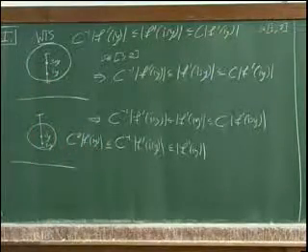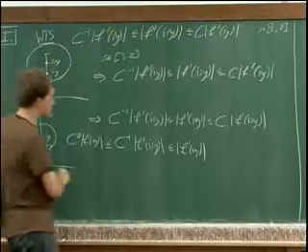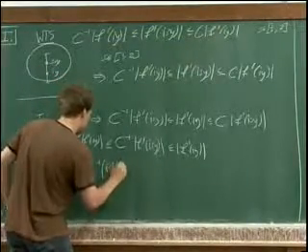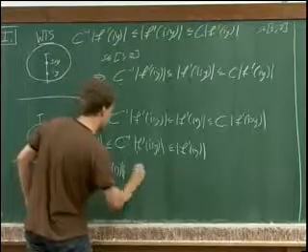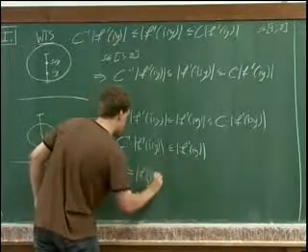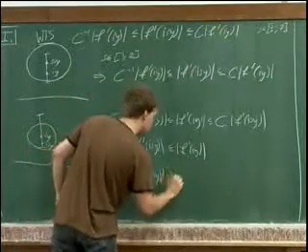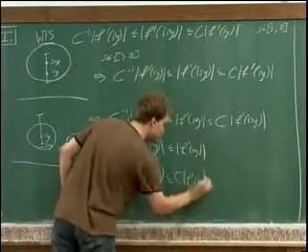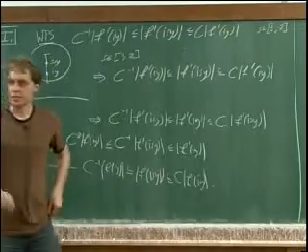And then you can just multiply through by c and everything gets done. So you get that c inverse of f prime iy is less than or equal to f prime isy is less than or equal to c times f prime iy. So that's the first part.